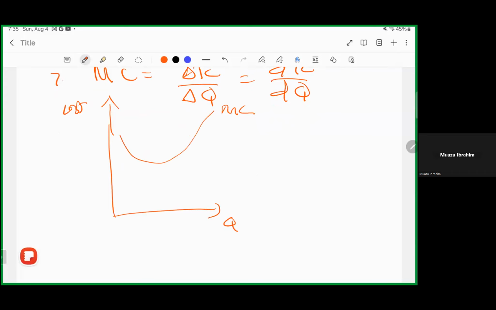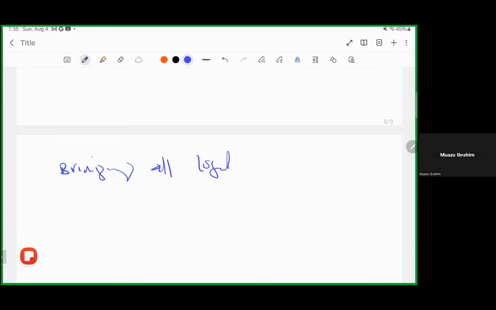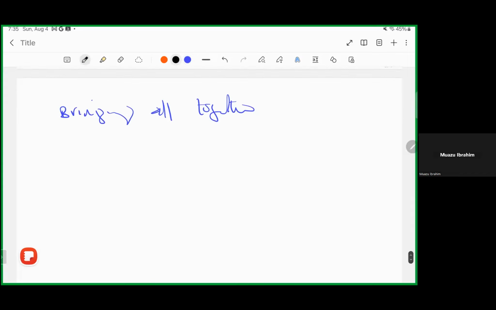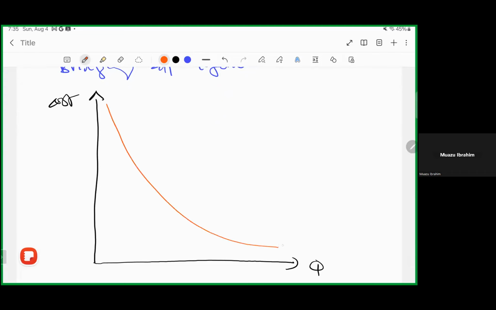Now let's bring all these cost curves together, and you see how we know the relationship. Bringing all together, we are going to have this as quantity, this as cost. So this is the average cost.